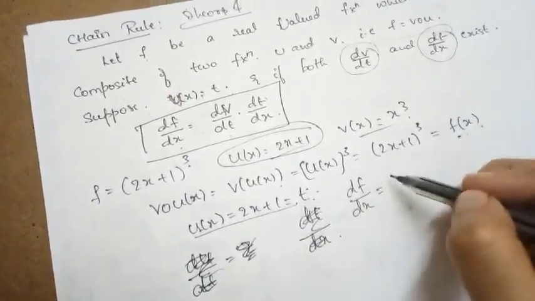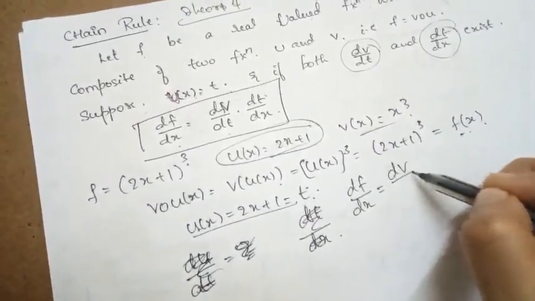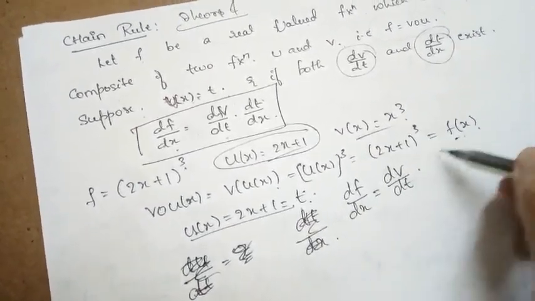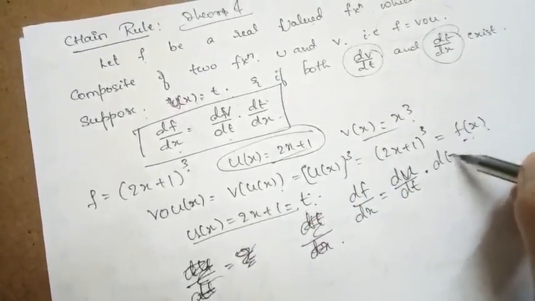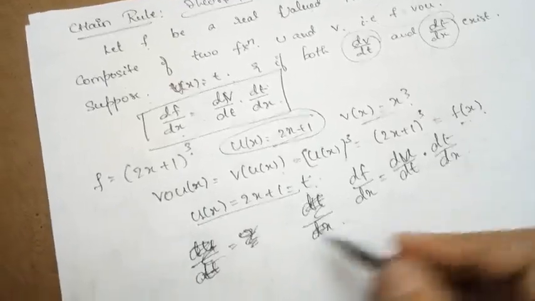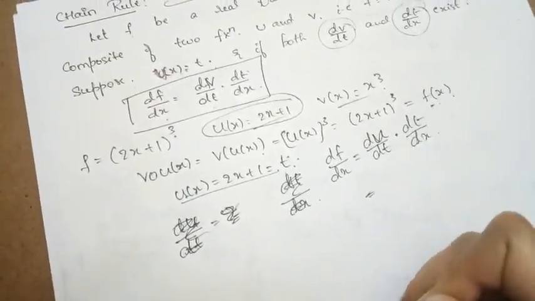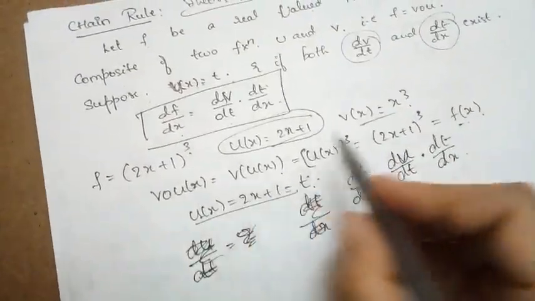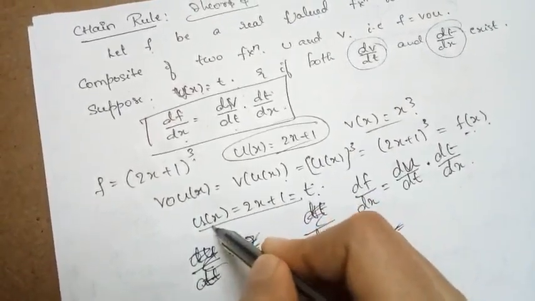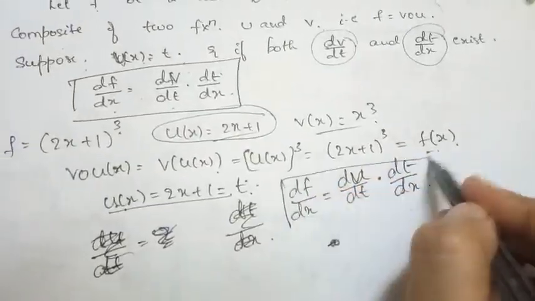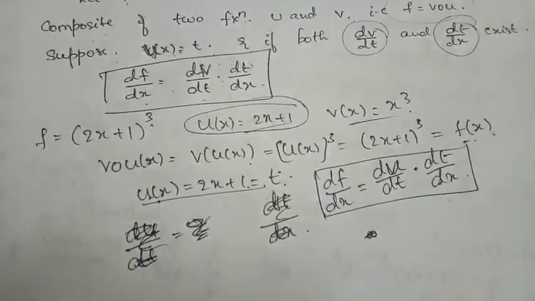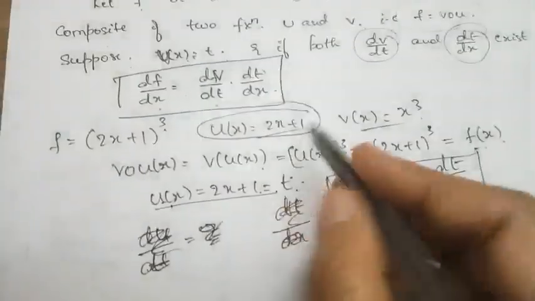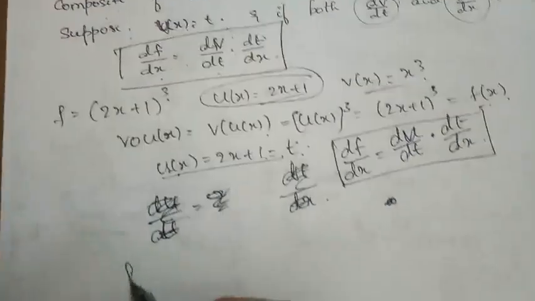We did dv by dt into dt by dx, right? So first I have taken u of x is equal to 2x + 1, which is equal to t.